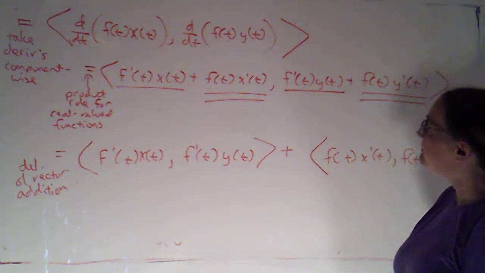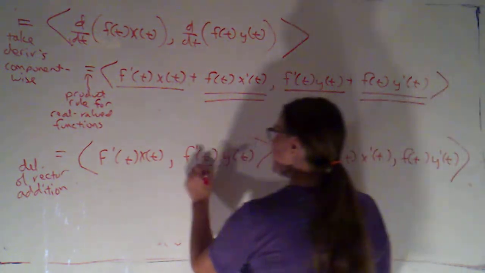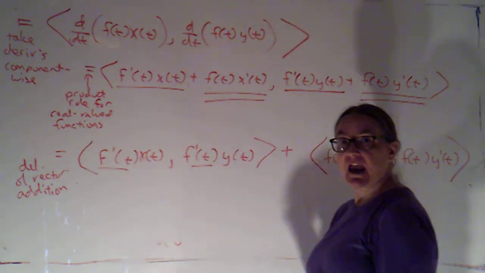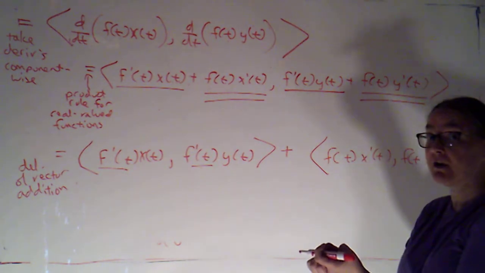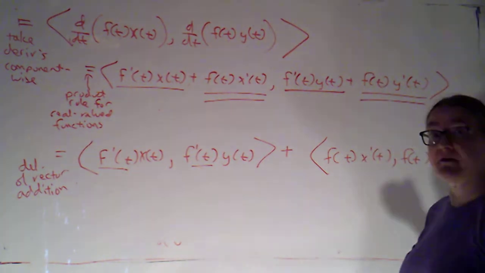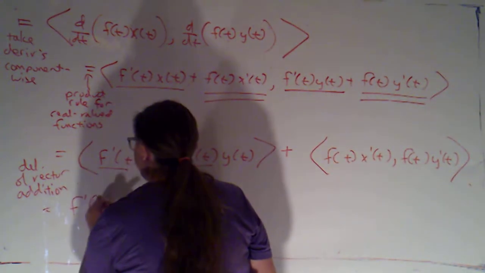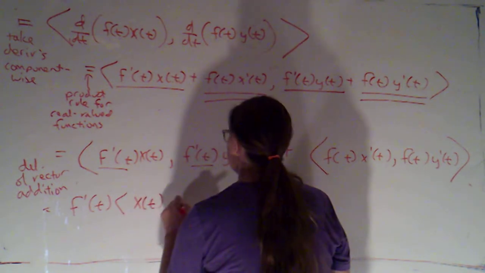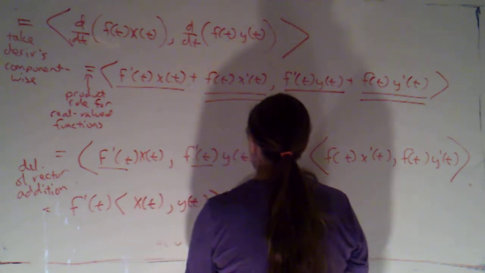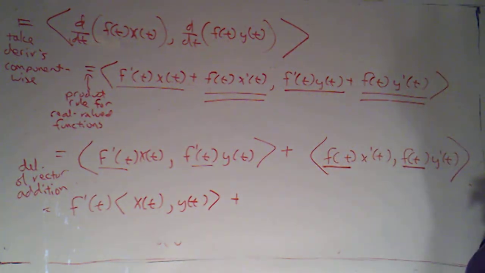Okay. All right. Now, if I look here, both of these terms had an f prime in them. And that's just a real valued function. So that's spitting out a scalar. For all values of t, f prime of t is just a scalar. So I can say that's f prime of t scaling the vector function x of t, y of t, plus here, both of these components have an f of t.